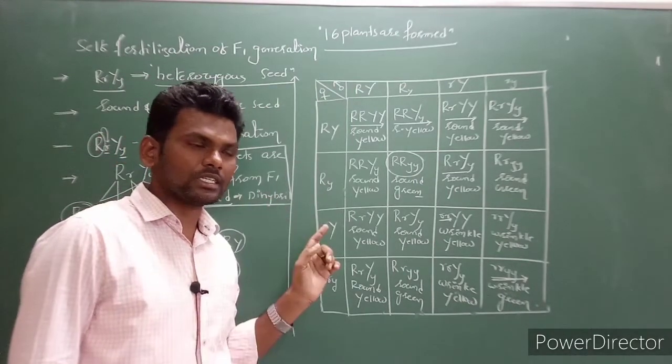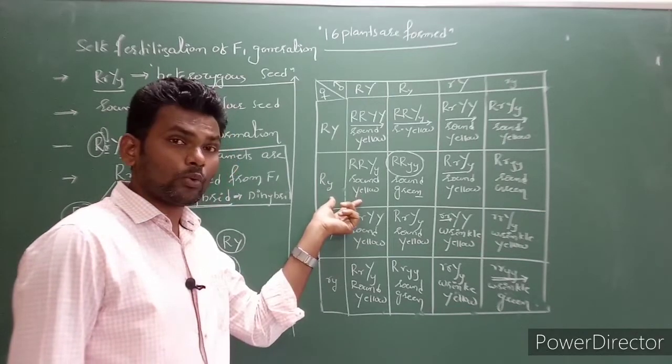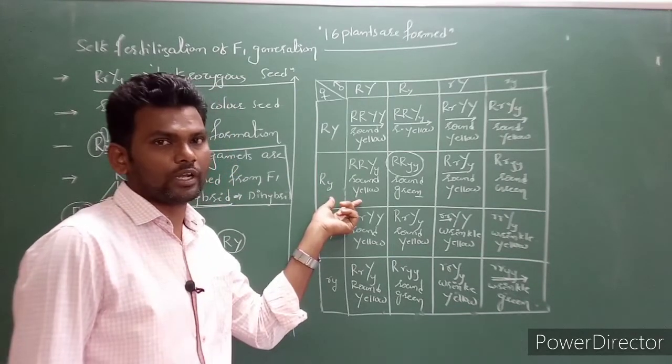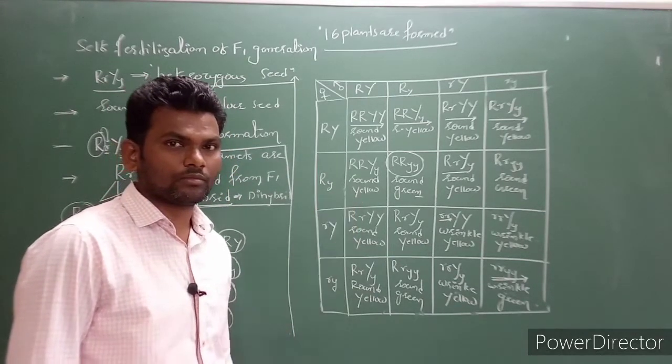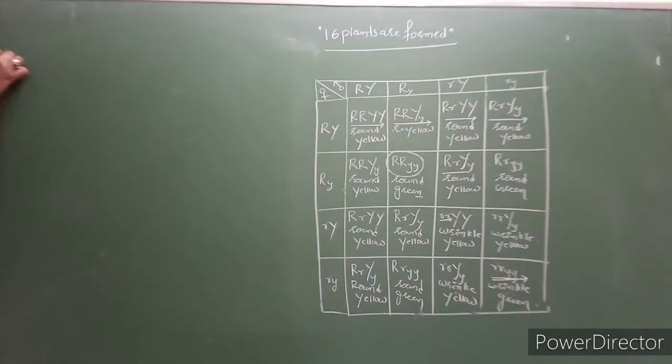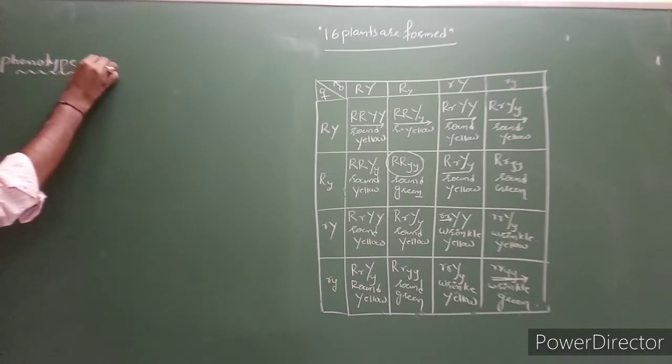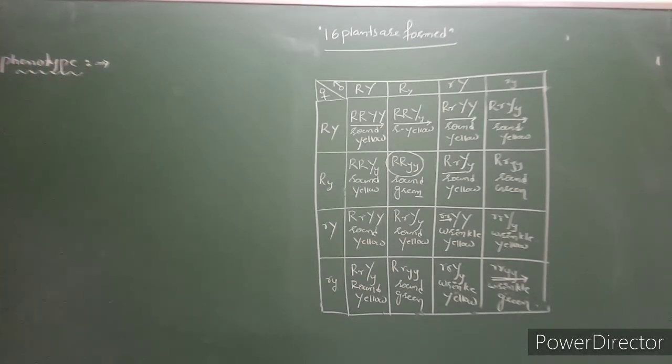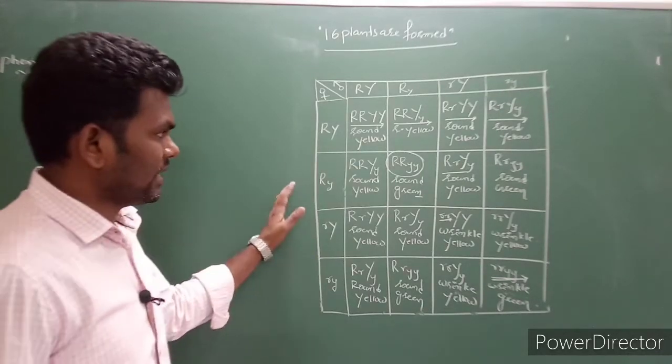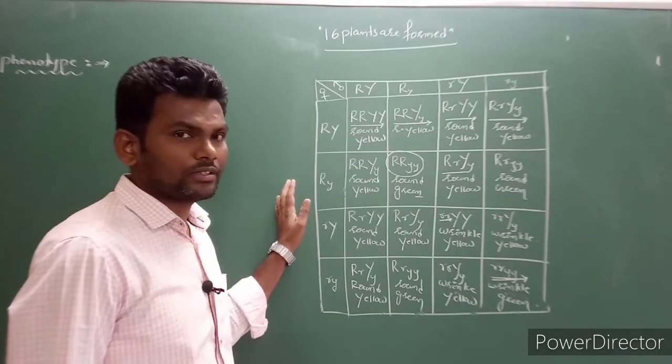The next task is we have to write the phenotype ratio as well as genotype ratio. Phenotype ratio we have to notice here. Like this is 16 plants. Just what I have to consider first.